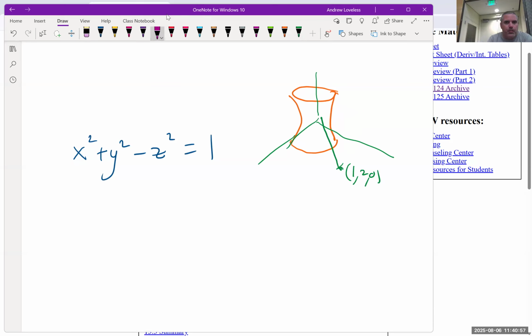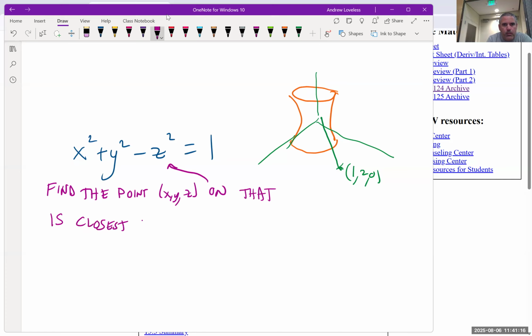Okay, so now here's my question. Find the point on here, and there's more than one, on here, that is closest to 1, 2, 0.